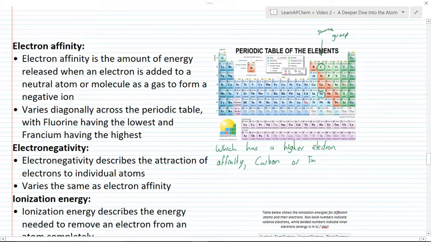And as we know, as we go down and to the left, we get higher electron affinities. So we can say that tin has the higher electron affinity, because the diagonal trend applies both from right to left and from top to bottom. Just something to keep in mind. When I was first learning this, that sort of tripped me up.